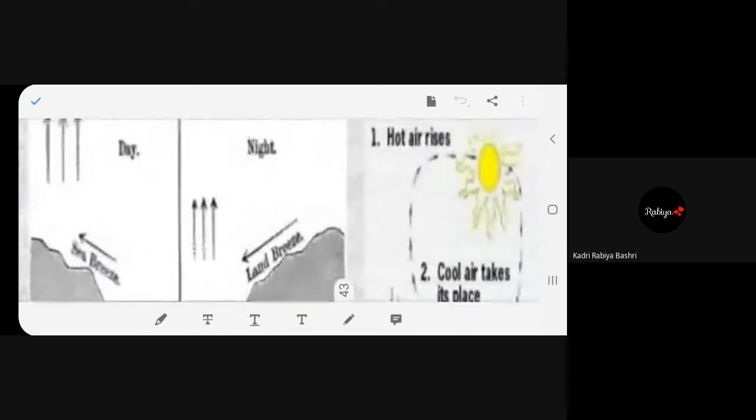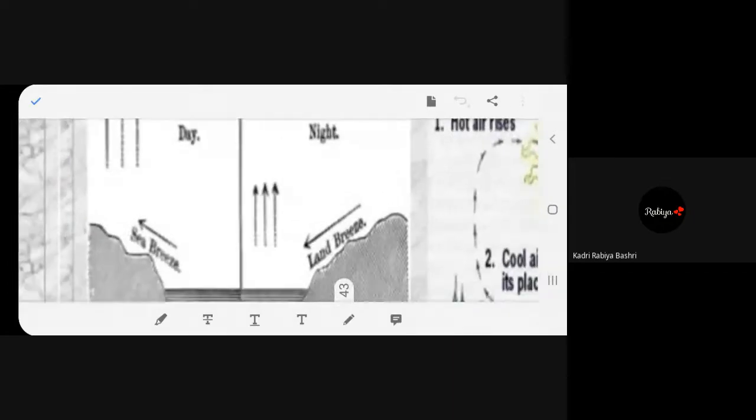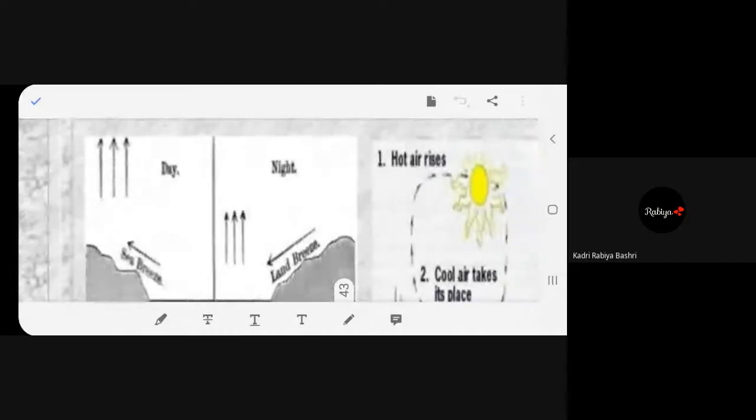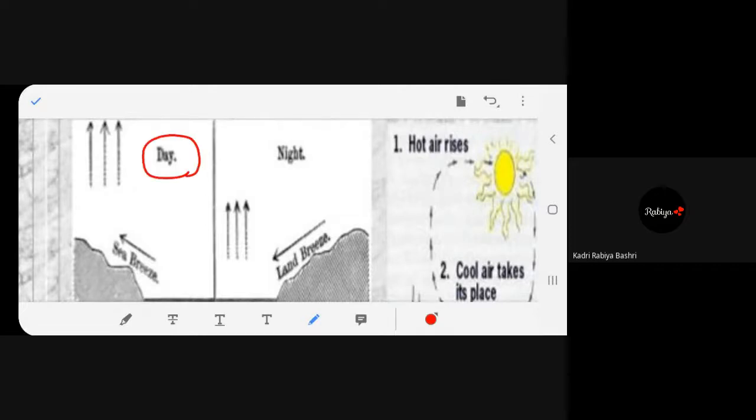Again, in a diagrammatic manner, I'm showing you. Daytime, the land gets heated. Yes, beta? The warm air goes up and we get the sea breeze. Do you agree?